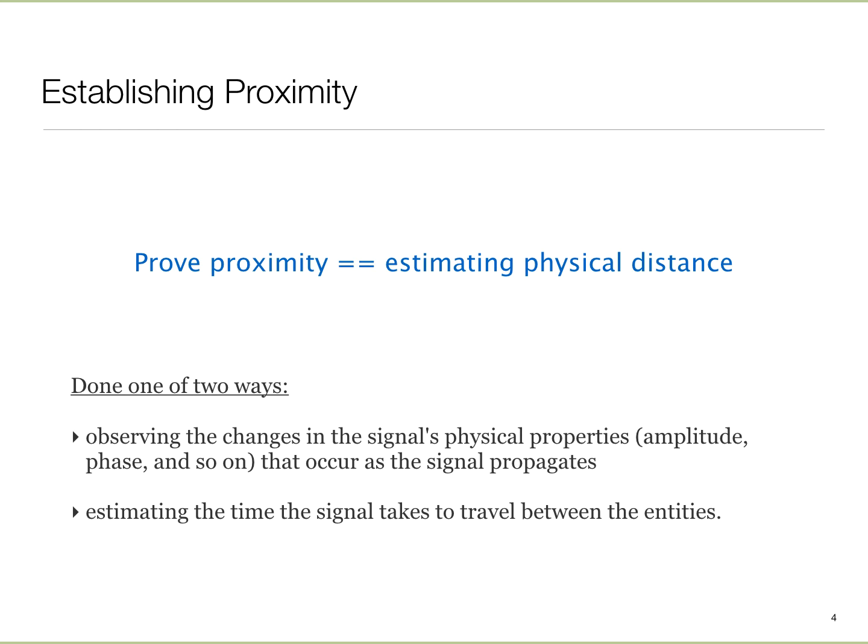One type of approach is to observe the change in some physical property of the signal. Typically the signal strength is steady, but it could be other things like the phase of the signal. You could even imagine other stuff like checking whether the signal increases or decreases over time. You can play with that. The other approach is to estimate the travel time.